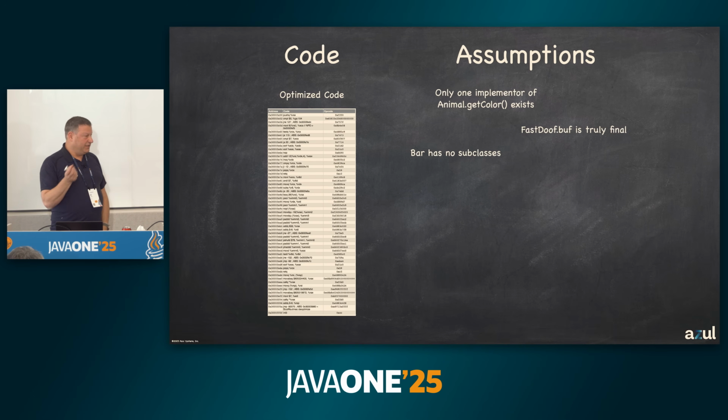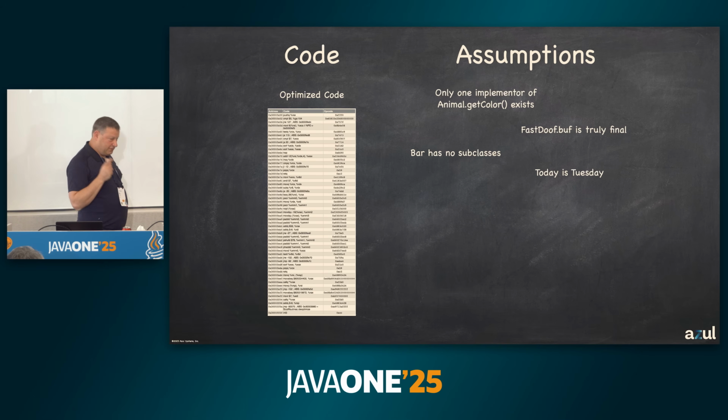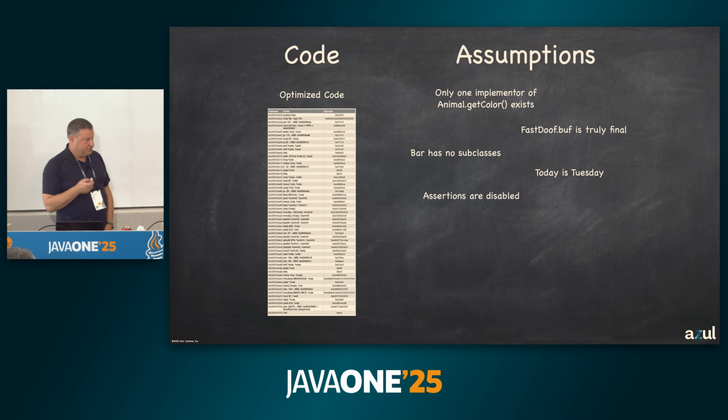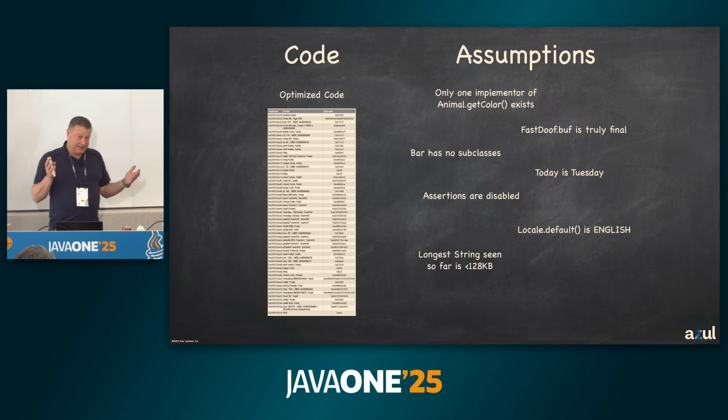Or something doesn't have a subclass, or maybe today is Tuesday. I've been running for 3 hours. They keep saying it's Tuesday. Or things like assertions are off, or the language is English in this JVM. Nobody said it's English, but it is English, so we'll do that.